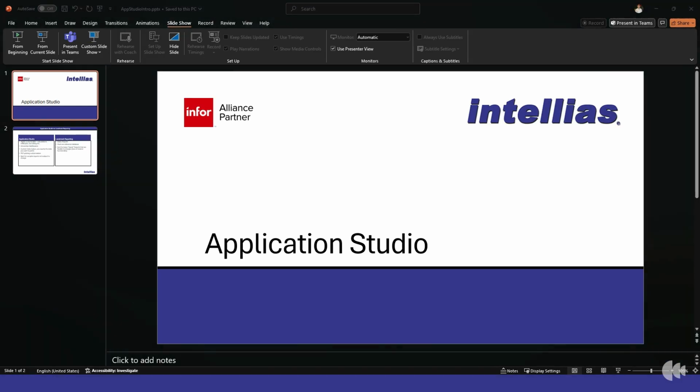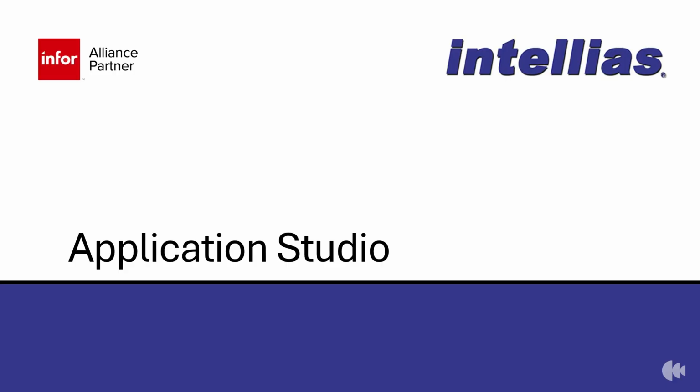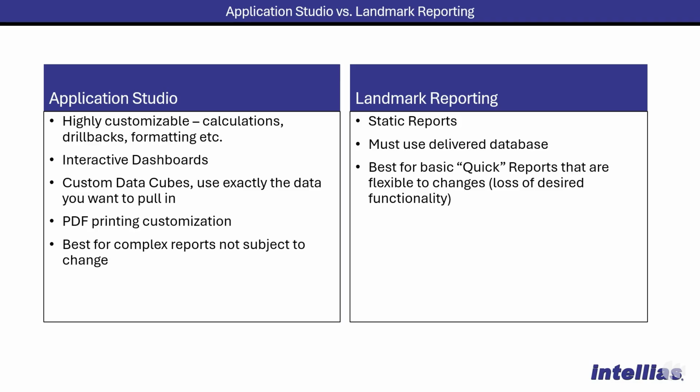So I'll just pull up my slide where I have a comparison between the two. As you can see here, Application Studio is highly customizable, with the ability to add complex calculations, drill backs to forms or links in the system, and very customizable formatting that unfortunately Landmark reporting does not have.